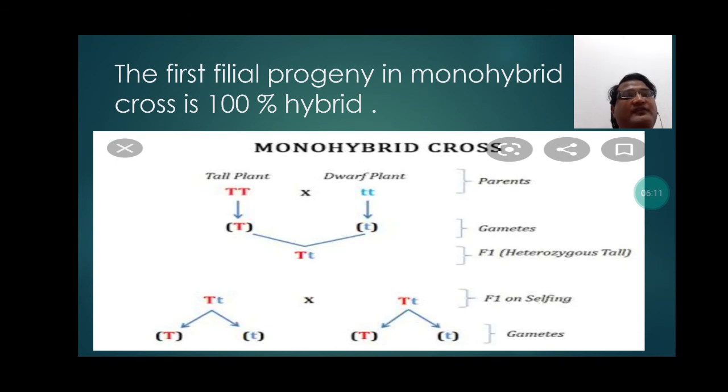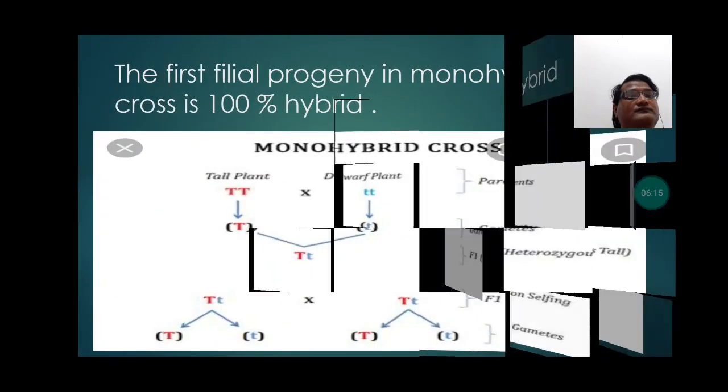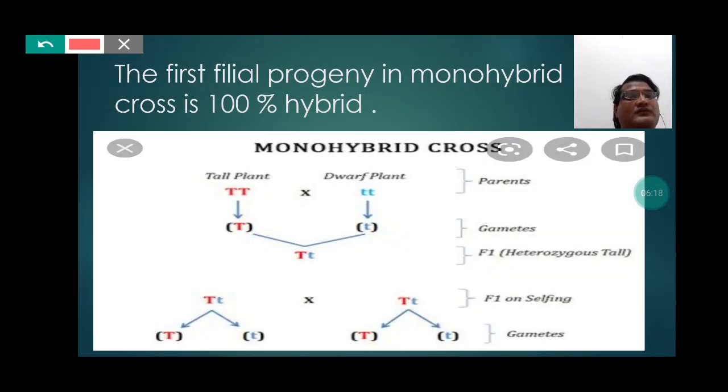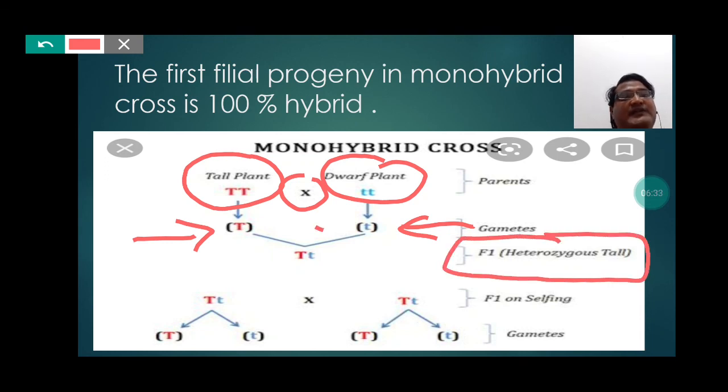So students, here in this monohybrid cross we can notice that the tall pea plant has been crossed with the dwarf pea plant. There is a cross. The gametes have been produced, the egg and the pollen grain, and when the first filial generation is obtained, then that is the hybrid, that is 100% hybrid tall.